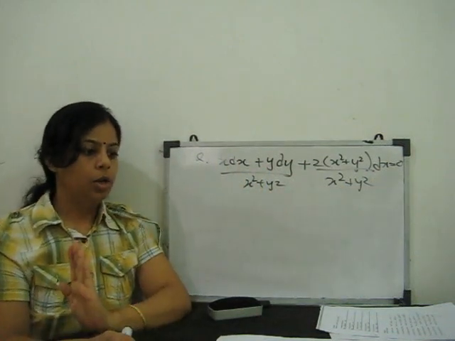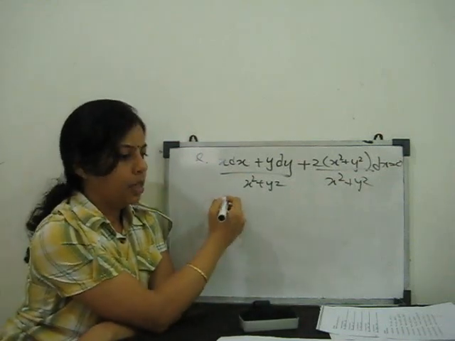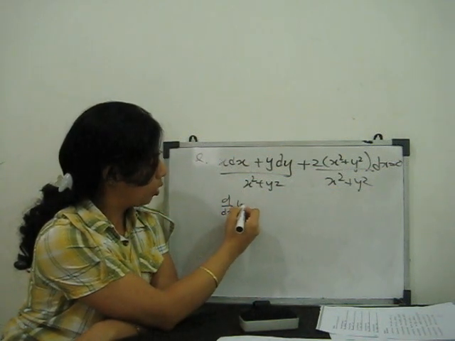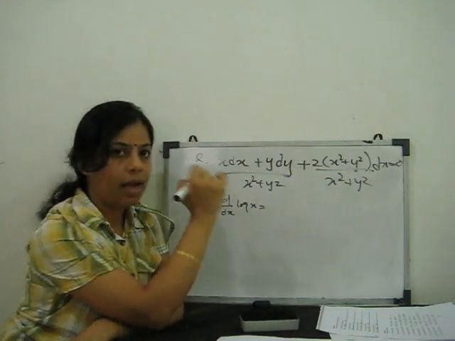We have to decide. If we find d by dx of log x, it is 1 by x.